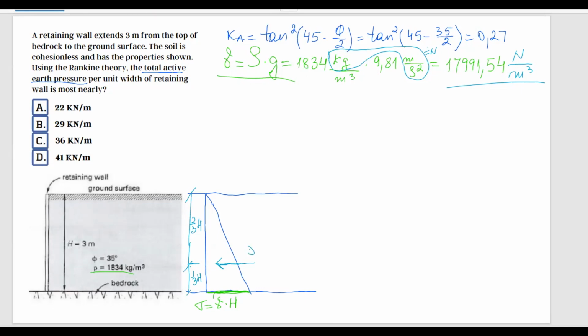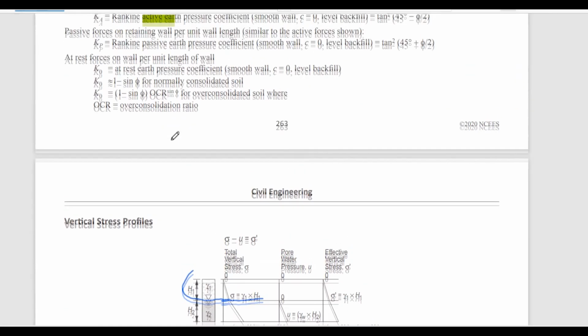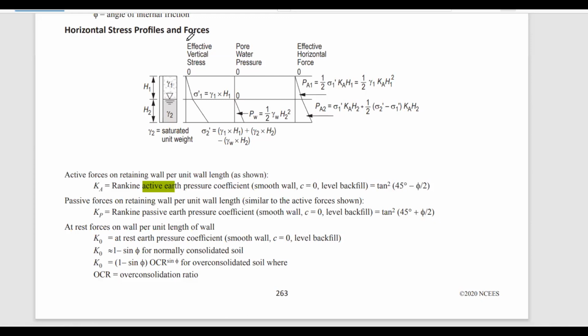And this is P, the resultant force, and based on the FE handbook, the horizontal stress profile and forces, we're going to look at this example because we have only one type of soil, and the resultant force equals 1/2, because it's a triangle, multiplied by the base, which is sigma, multiplied by the height, H1, and multiplied by the active earth pressure coefficient, Ka.